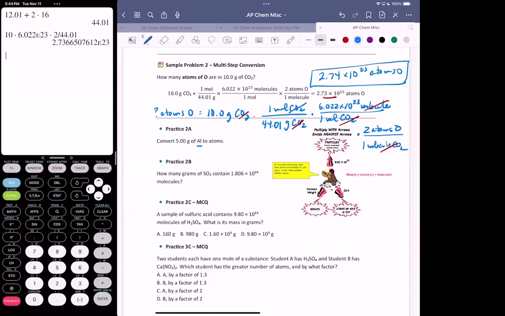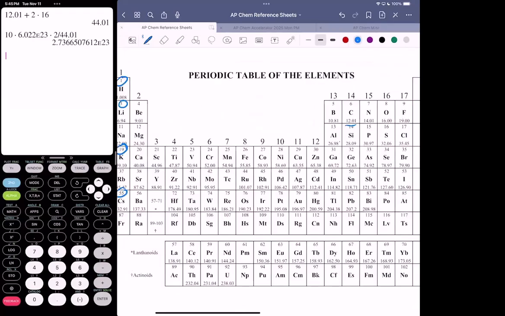Okay, so how many aluminum atoms are equal to 5 grams? Since we're starting with grams, I need to divide by grams, which is going to be the molar mass of aluminum. So 1 mole of aluminum has a mass of 26.98 grams per mole.